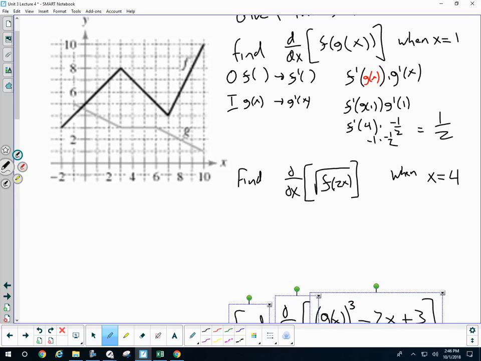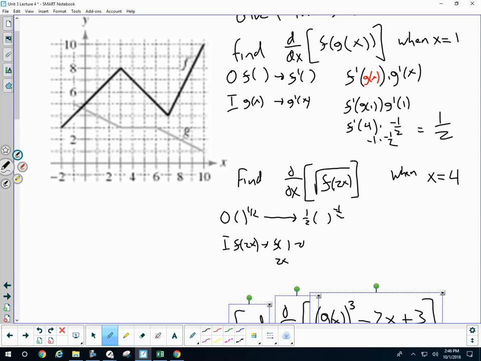we have an outside of the 1/2 power. The inside, I could say, is f of 2x, but you should be able to tell that this has an outside and an inside. Derivative of the outside, 1/2 stuff to the negative 1/2.